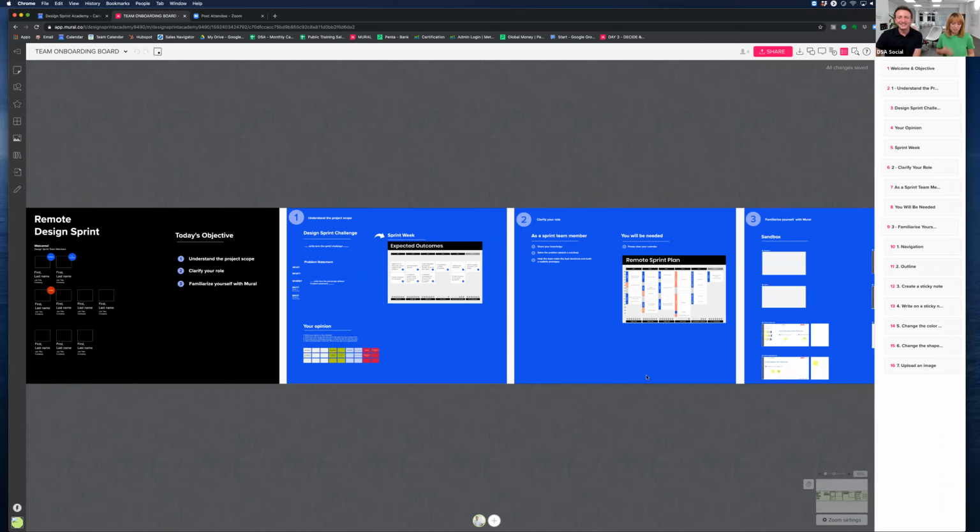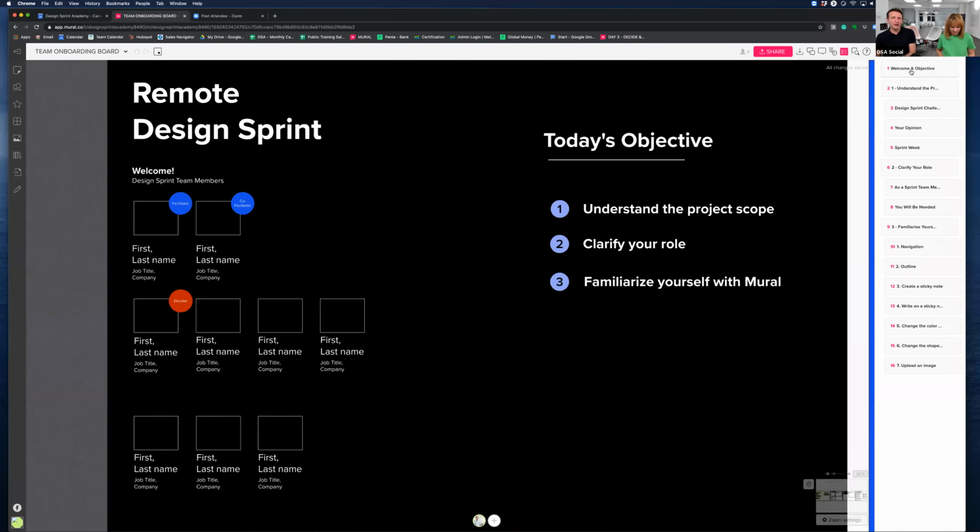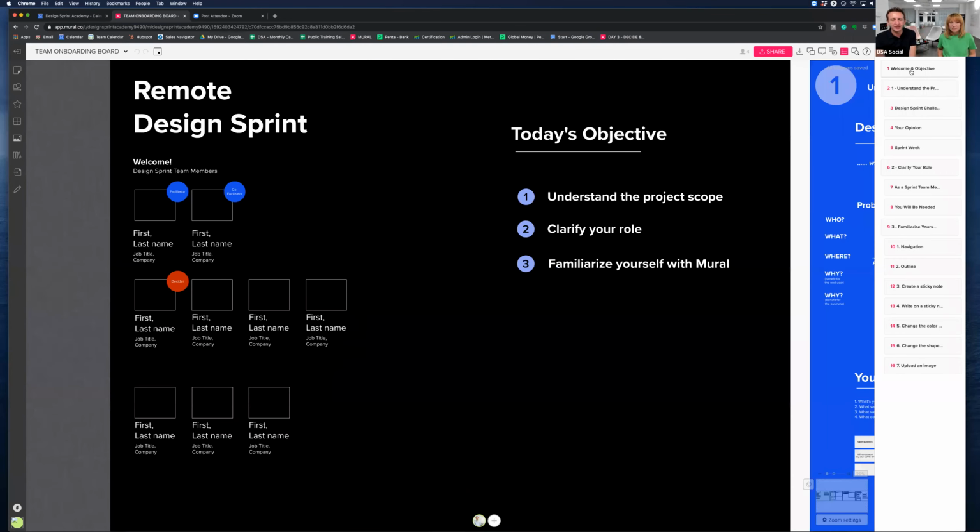Good. So, assuming we're going through an onboarding session, we always start by welcoming and stating the objective of the session. You have to imagine when you're running sprints, and especially remote sprints, you have people who might be in a sprint for the first time, so they don't have any clue about the process or what is expected of them, which again brings ambiguity.